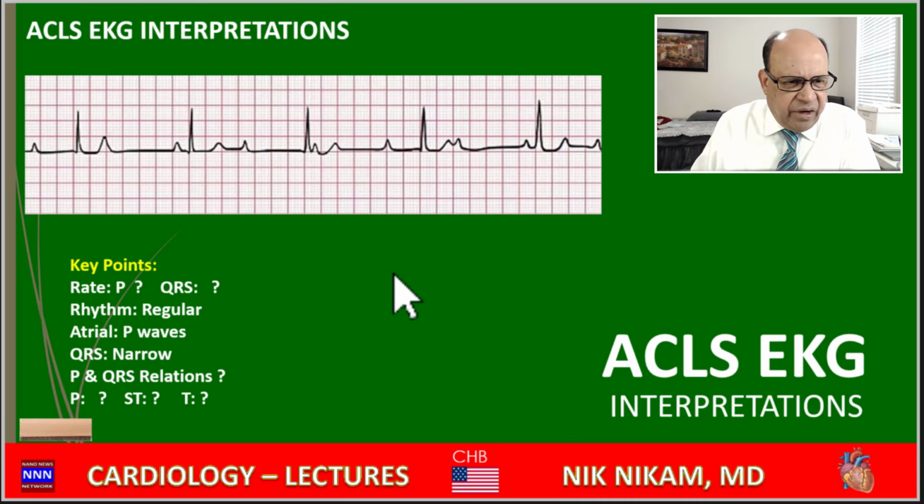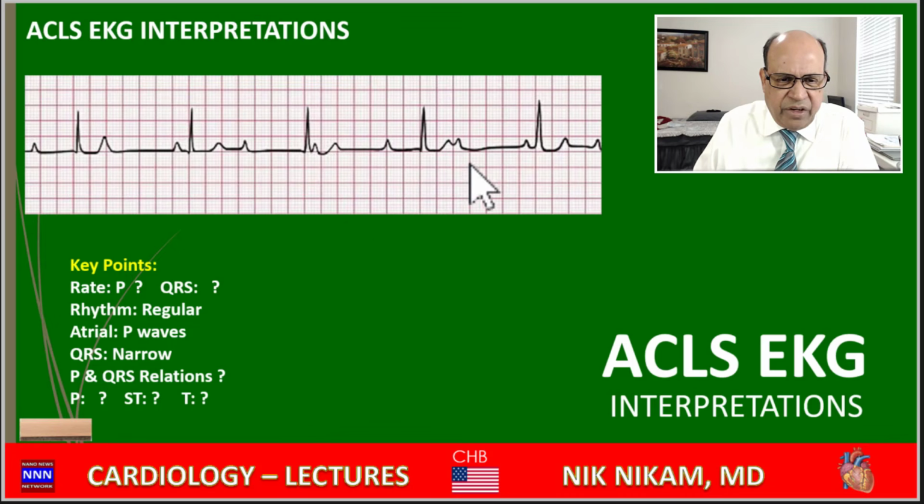Okay, we are looking at a rhythm which looks kind of weird to start with. There's a more or less constant narrow QRS complex, which could be like a junctional rhythm. These beats look pretty good, except this one may be a little deformed. Number two, we have P waves which are marching along independently.